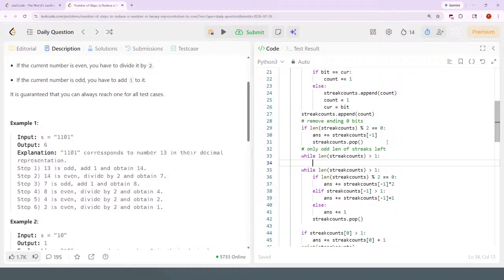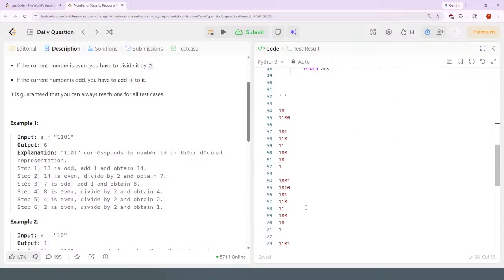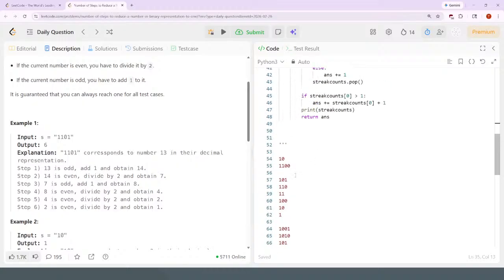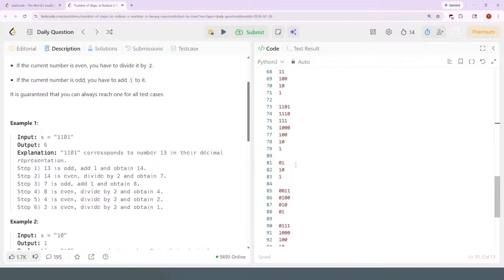So if it's odd, then answer plus equals the last streak on the right, length streak counts, the last one plus 1. And then from there, it's going to use two operations to kind of move the 1 over.